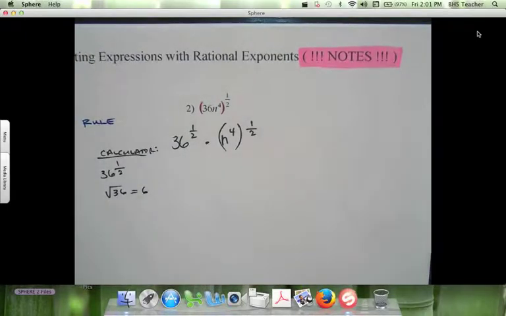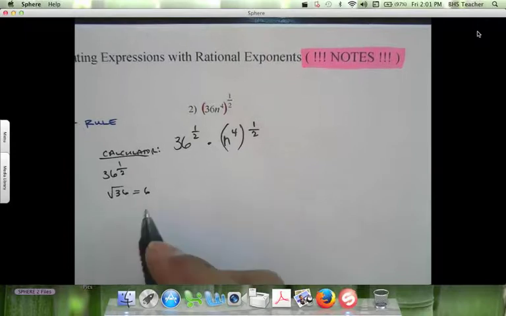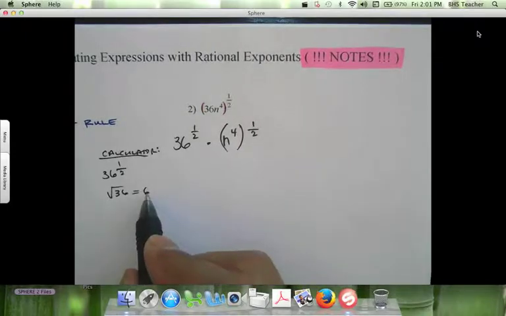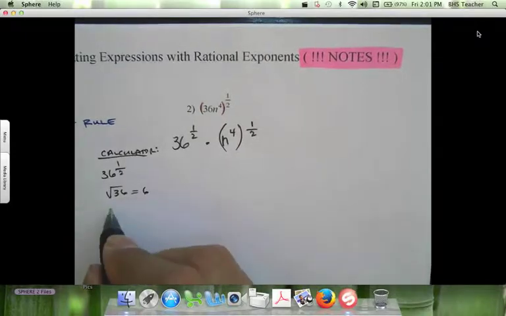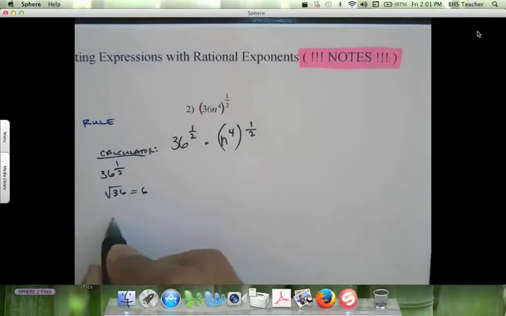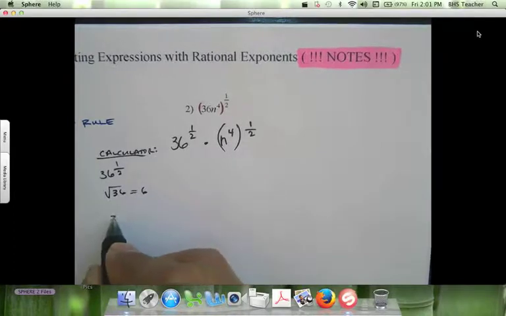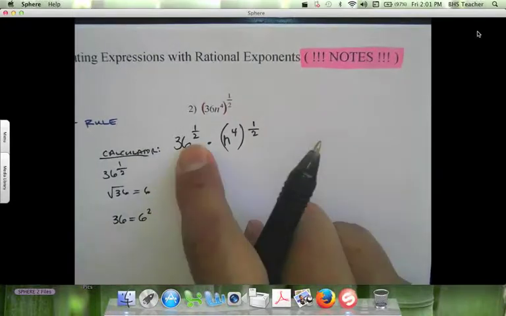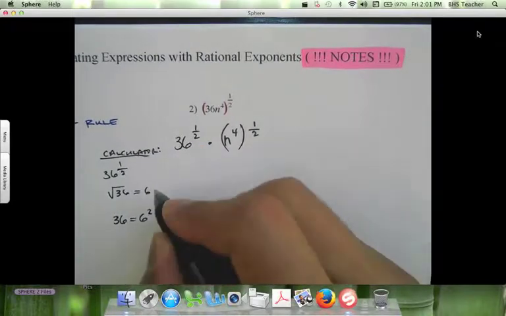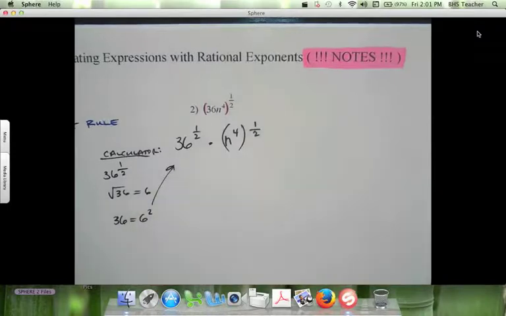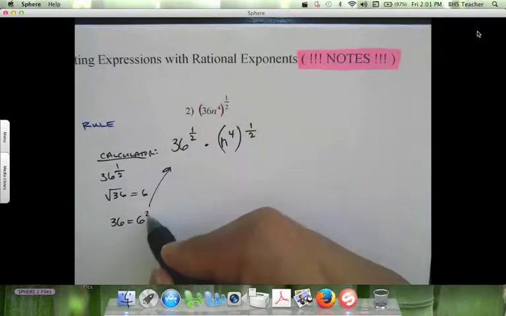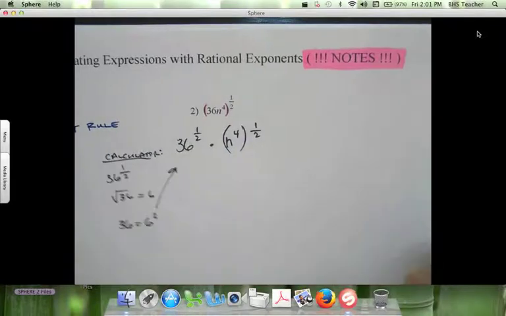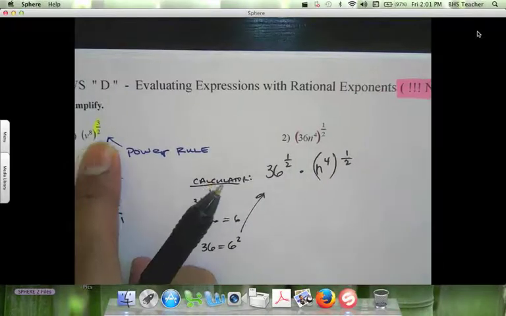Now remember, we're working with exponents, so what does this answer mean? That means that 36 is really what? 6 squared. That's what you're going to write in here, because we want to work with an exponent raised to this exponent, just like you saw here, a power rule, a power raised to another power.